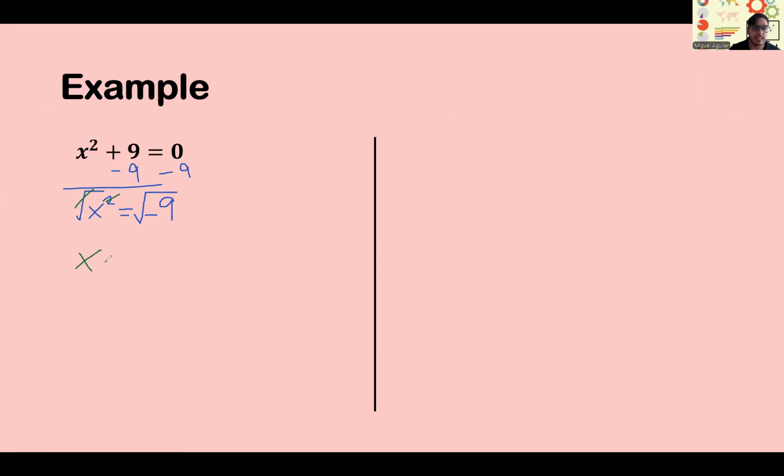We're left with x is equal to, and we definitely don't want to forget the plus or minus symbol. Remember, our quadratic equations most of the time will have two solutions, so we have to remember that plus or minus symbol. Okay, but what is the square root of -9? Well, there we might go and do some scratch work for ourselves and say, well, I know what the square root of 9 is, but that's not what we're dealing with here.